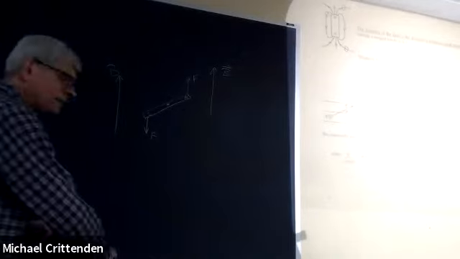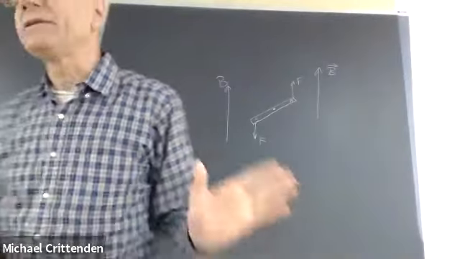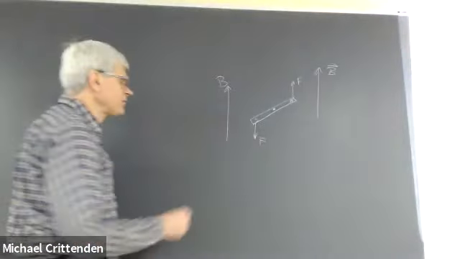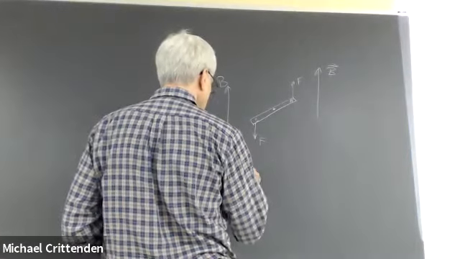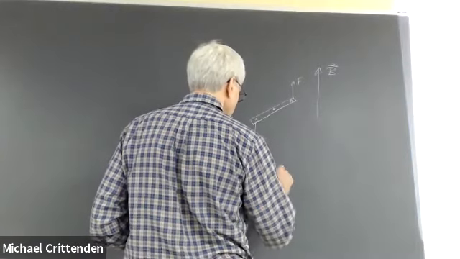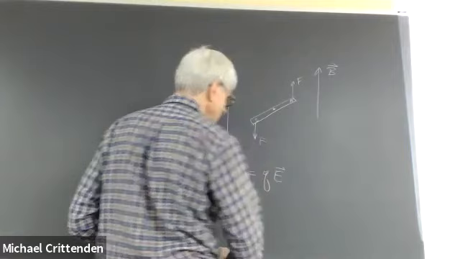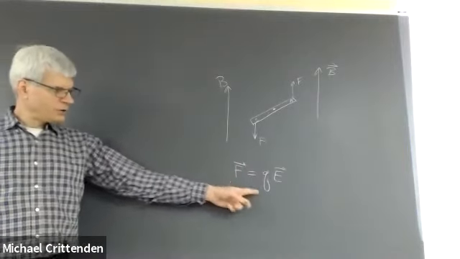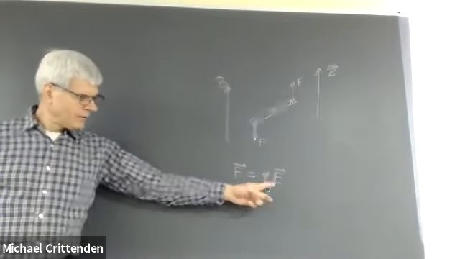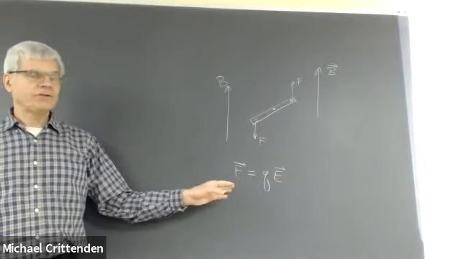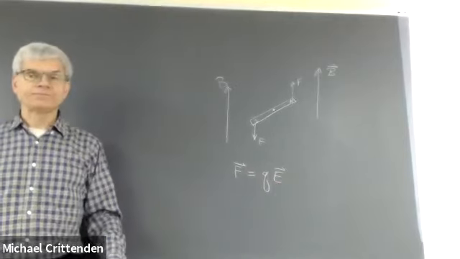So this is a little more complicated than what we had. Well, everything about magnetism is more complicated than what we had for electric fields. The force on a charged particle in an electric field is just F equals qE.